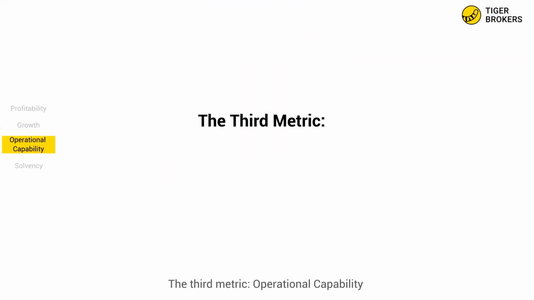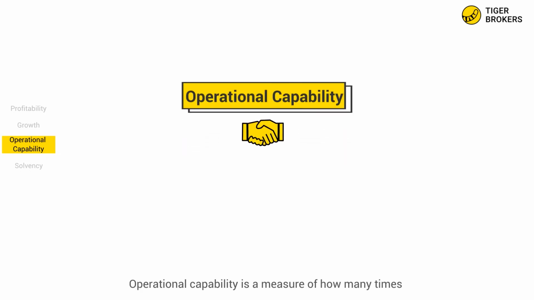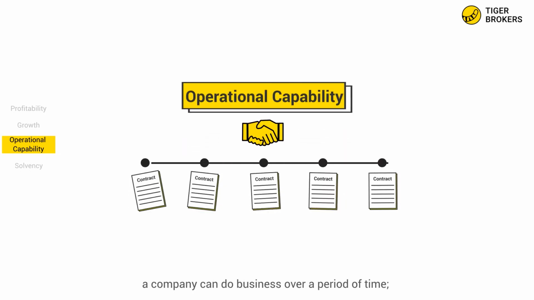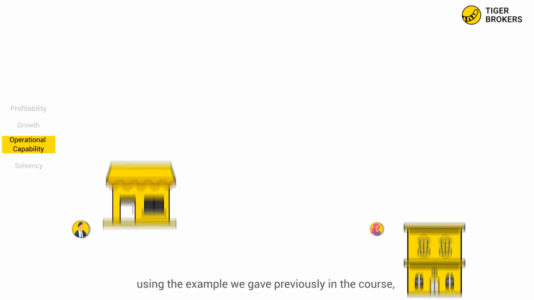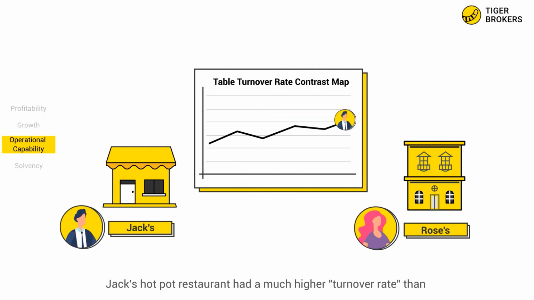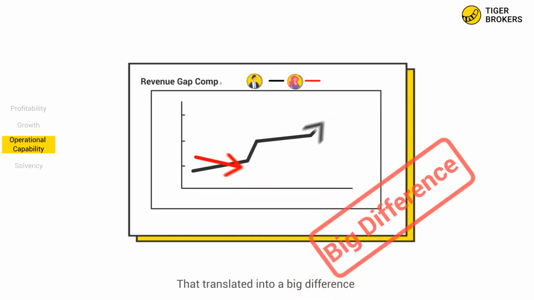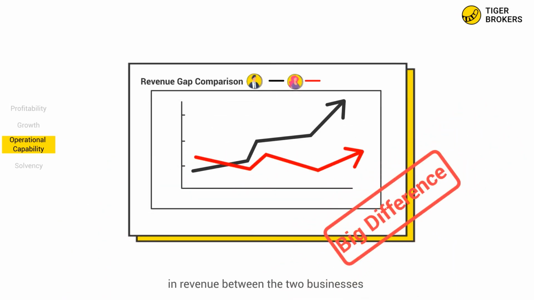The third metric, operational capability. Operational capability is a measure of how many times a company can do business over a period of time. Using the example we gave previously in the course, Jack's Hot Pot restaurant had a much higher turnover rate than Rose's Hot Pot restaurant with the same amount of traffic. That translated into a big difference in revenue between the 2 businesses.